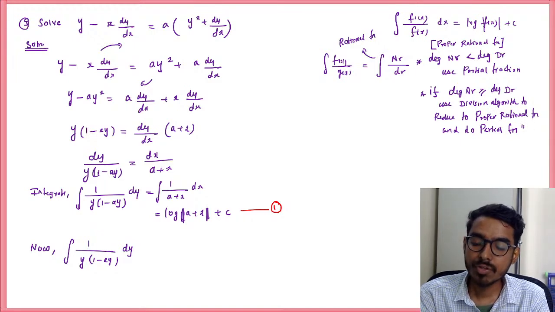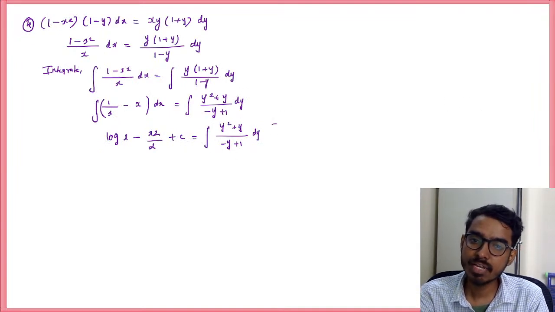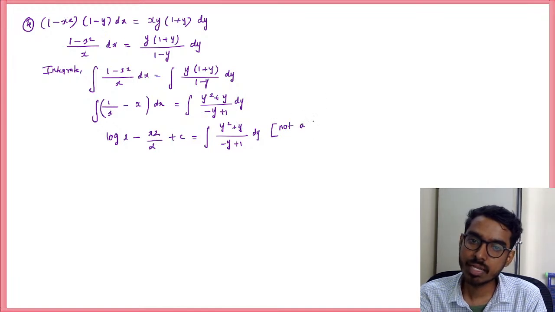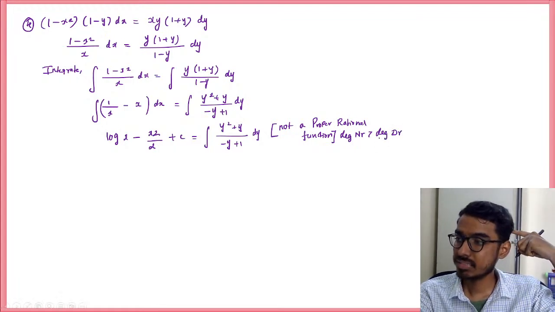So you have to use division algorithm. This is not a proper rational function because degree of numerator is strictly greater than degree of denominator, right?